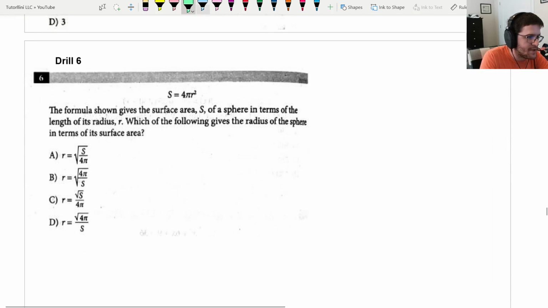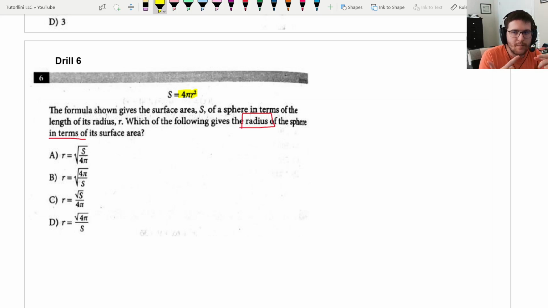Good, another literal equation. I've done this one many times. It says in terms of, so we have to get the radius R by itself. Okay, so I've got an exponent and I've got multiplication. Exponent comes last.